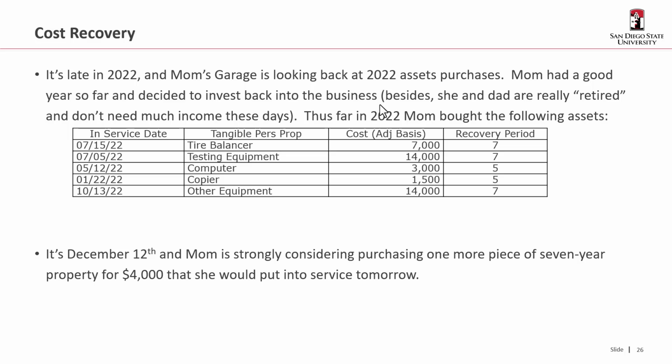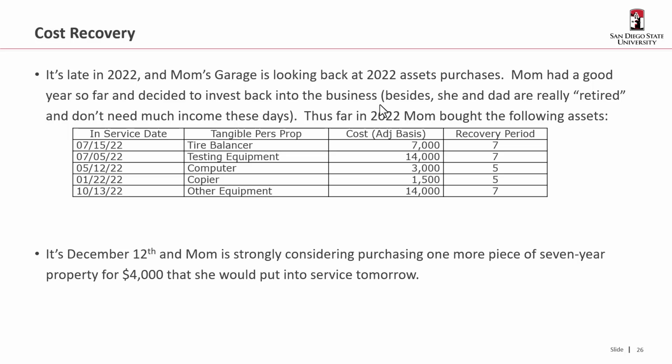So we've got a taxpayer who's put in service some equipment and different things during 2022, and maybe is considering one more piece of 7-year property for $4,000 that you would put in service in late 2022, December 12th. So basically, we have to do the depreciation calculation.